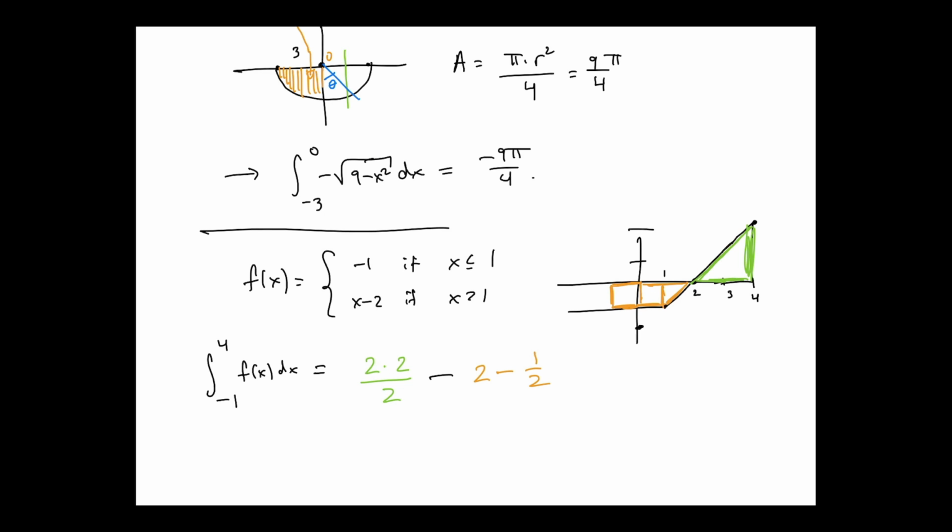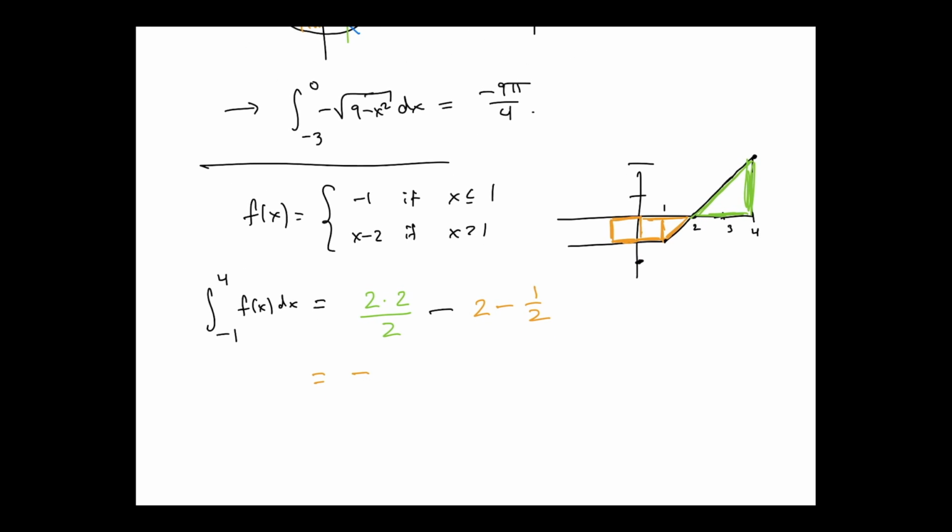All right, so what do we get when all's said and done? -1/2. Okay? So the area below slightly outweighed the area above. Does that make sense?